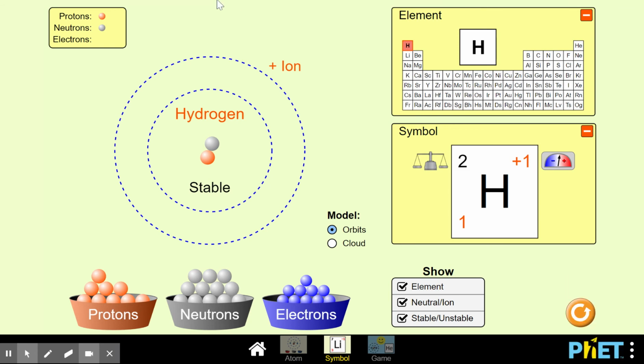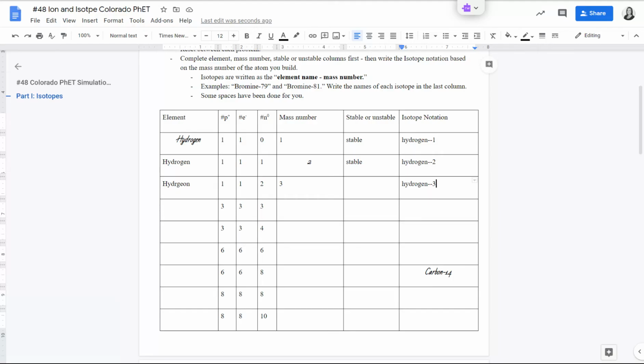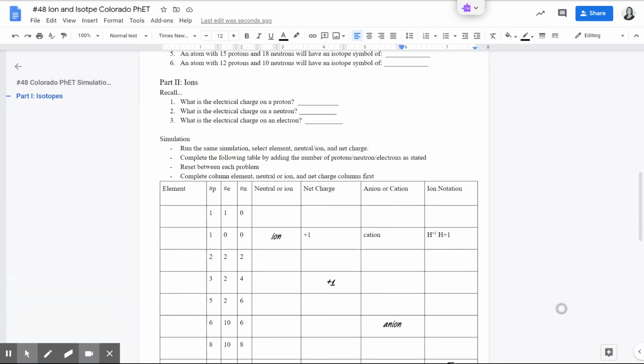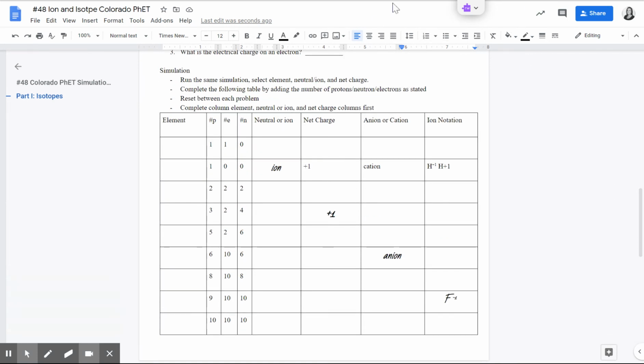A specific part of the isotope section that I want to make sure I bring up with you is that it has you label cation or anion. As you go through and make this variety of atoms, if it's an ion with a positive charge, it's a cation. If it has a negative charge, it's going to be an anion.